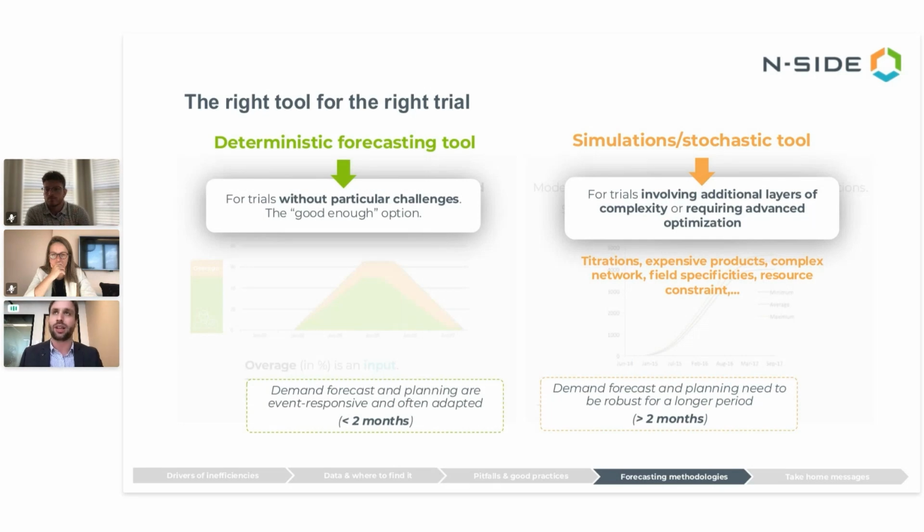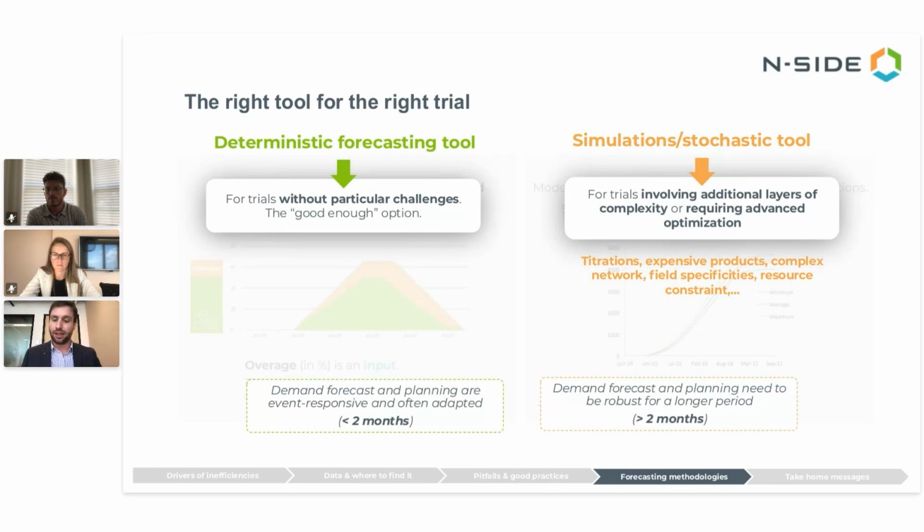In general, you don't have too many specificities, it's not too complex. And so using this kind of deterministic forecasting tool will allow you to have a good option. And finally, you have this possibility to make a new forecast more often, depending on when you receive new assumptions or updates that could have an impact on your forecast.